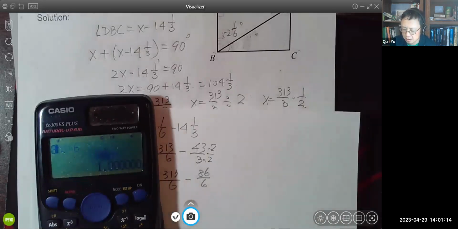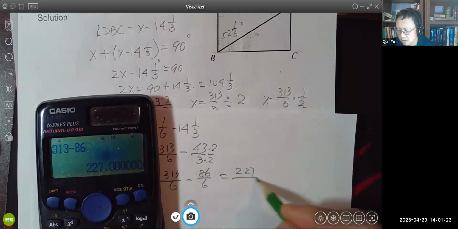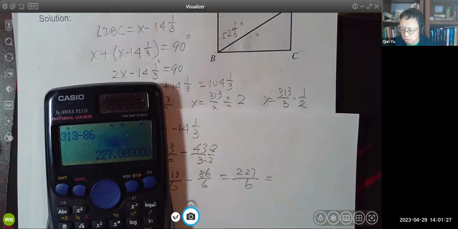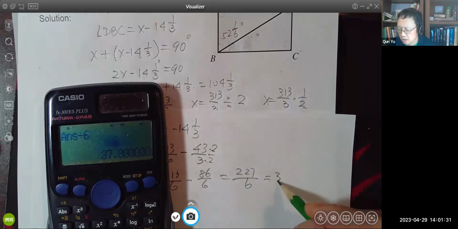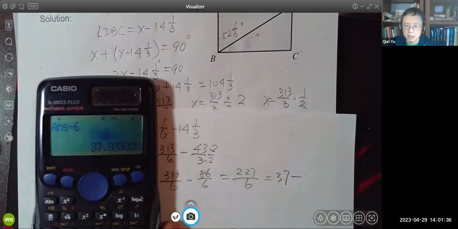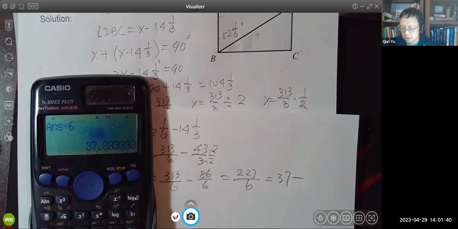313 minus 86, we get 227. So 227 over 6. Now we convert this back into a mixed number. 227 divided by 6, we get 37, and then we convert the decimal part, 0.83333, to the numerator of the fractional part.